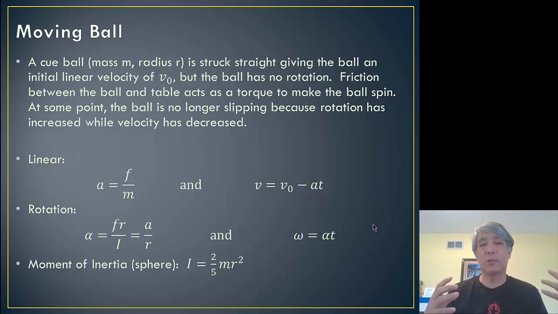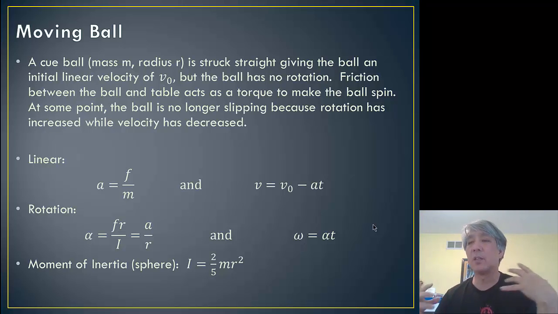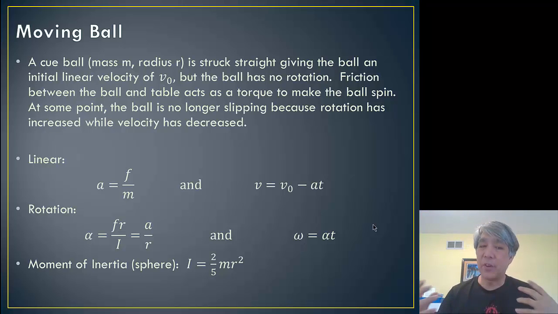A cue ball is struck straight, giving the ball an initial linear velocity of v sub 0, but the ball has no rotation. And so this is a case where it's slipping. If it's not rotating but moving, that's a situation where the linear doesn't match the rotational. But friction between the ball and the table acts as a torque to make the ball spin.